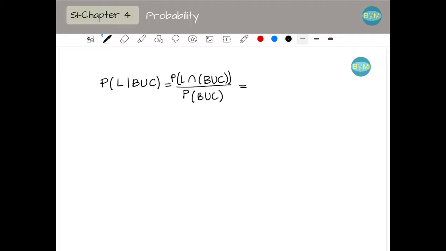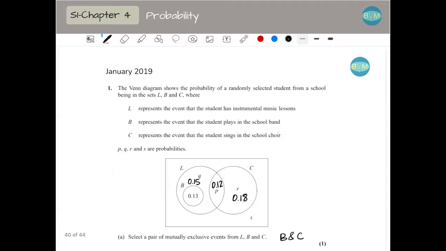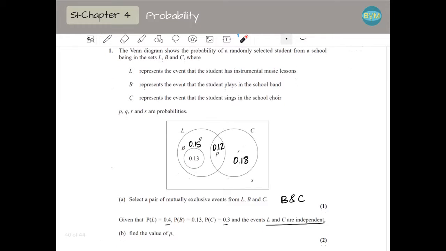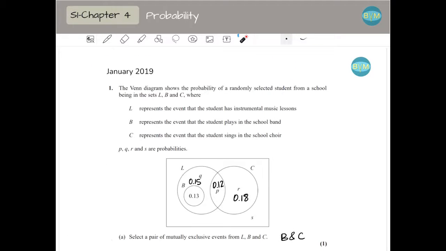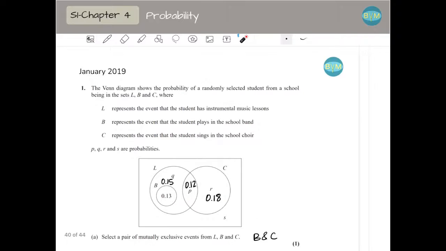So the students that are in the band or the choir are these students here and these students here. And I want to know the probability that from those students, which ones are all having music lessons. So are these ones here and these ones here. So 0.13 and 0.12.